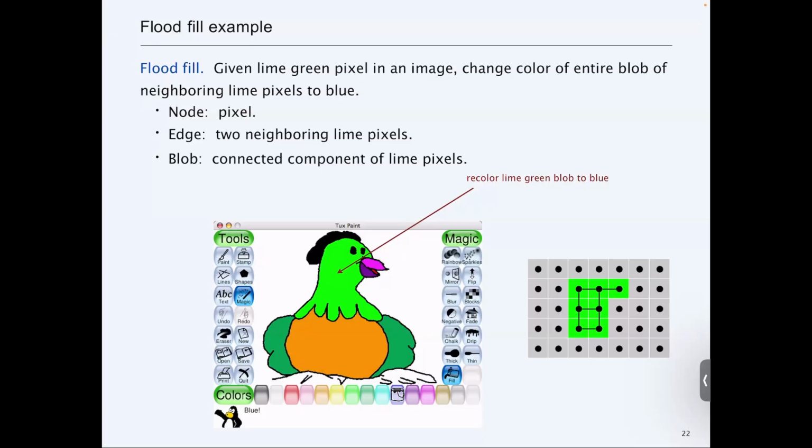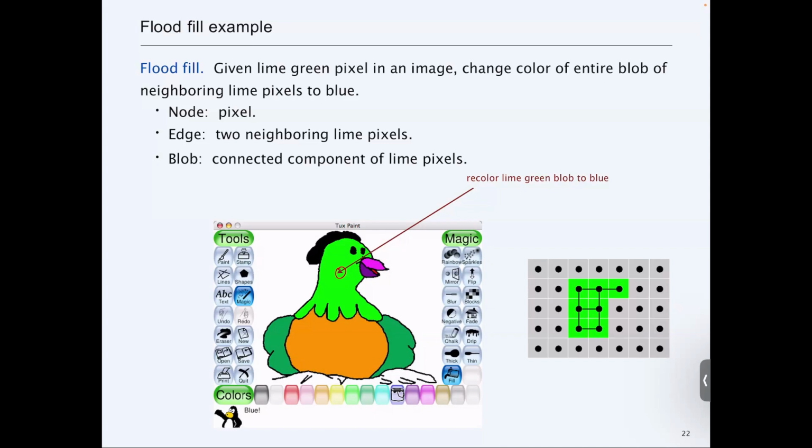So we're in this bird's head, I guess, and we click on one of these lime green pixels. The software that changes the entire connected blob of these lime green pixels into blue is solving the connectivity problem, whether or not two vertices are connected to each other.